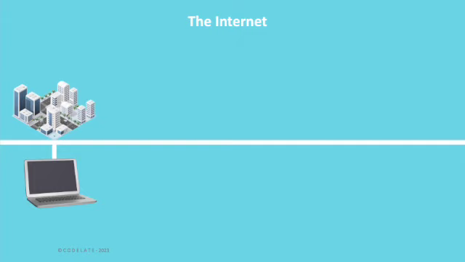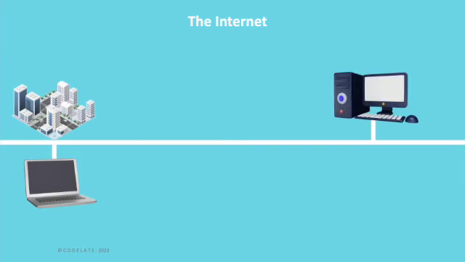For example, somebody can be in San Francisco. You see a computer here, and they will be talking to somebody in Lagos, Nigeria. But how they are able to talk together on the internet is through a cable. There must be some cables that run from the person who is in San Francisco straight to the person who is in Lagos, Nigeria.